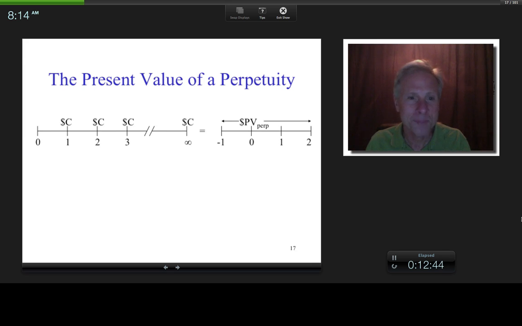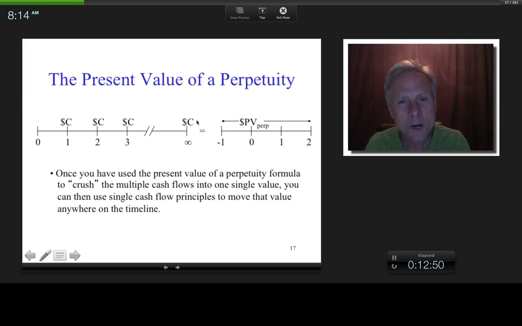So basically, once you've taken all of these multiple cash flows that go on forever and crushed them into one single number at one single time period, are you then free to use single cash flow principles to move it anywhere along the timeline that you want? You are, right? So for example, if these were all $10 and the effective rate was 10%, then the value of the perpetuity would be $100.